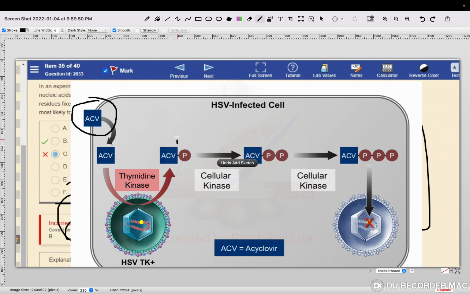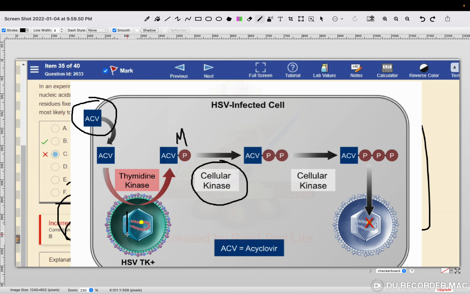So we got monophosphorylated. One phosphate is in place. The next phosphate will be from our cells. So it's kind of a two keys type of situation. To get the acyclovir active, you need two steps of activation.